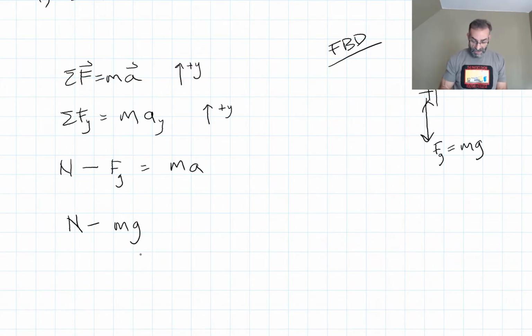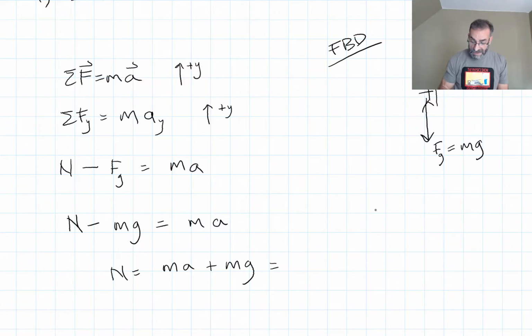Always positive when you see a little g. They assume you will account for the direction elsewhere, like we are here, if it happens to point in the negative direction. But g is always positive. And this is going to be mass times acceleration. So our normal force is going to be ma plus mg.